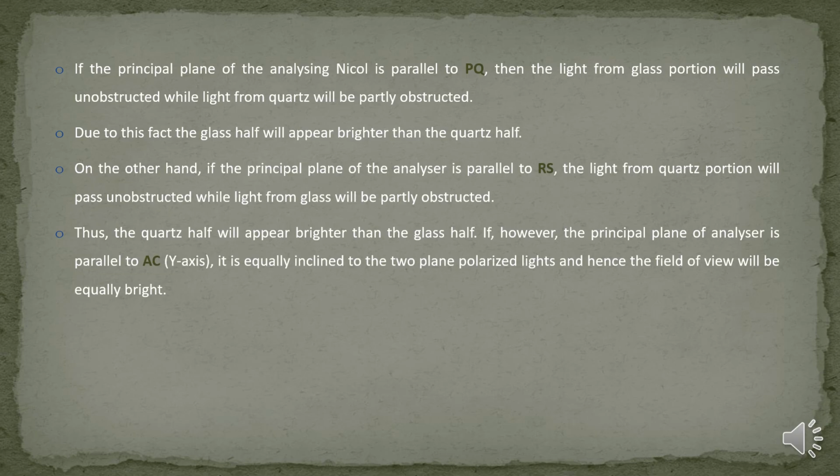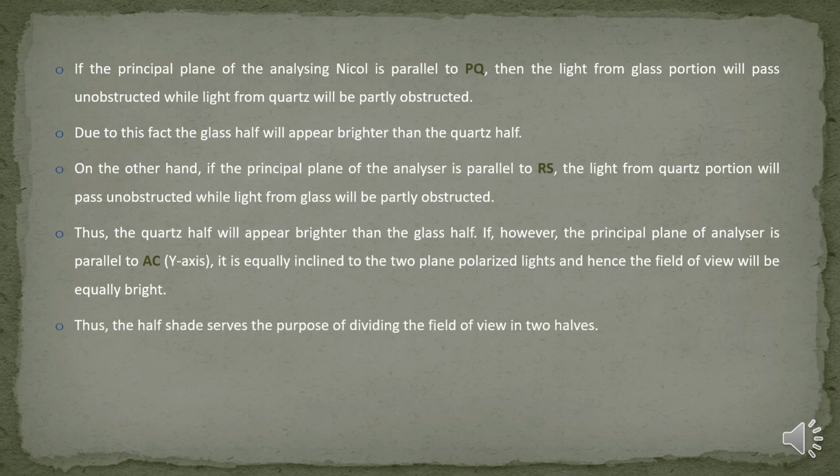If, however, the principal plane of the analyzer is parallel to AC, that is, the y-axis, it is equally inclined to the two plane polarized lights, and hence the field of view will be equally bright on both quartz and glass plates.